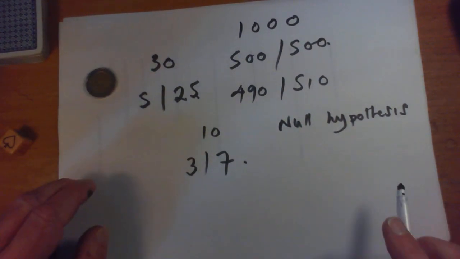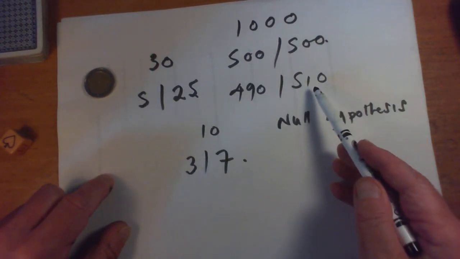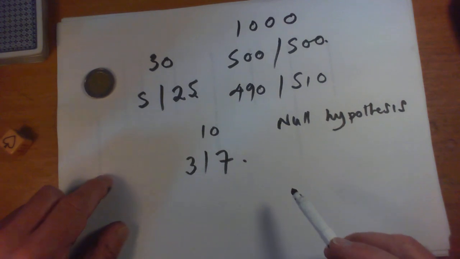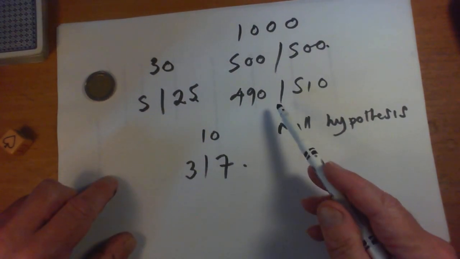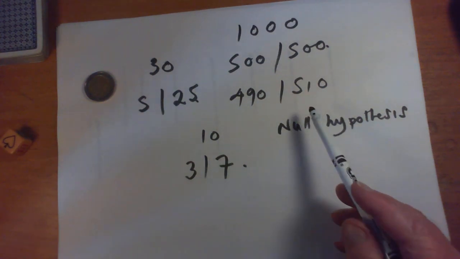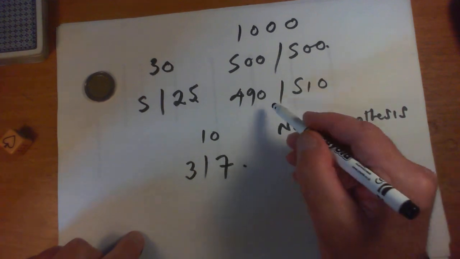You get this figure and say, okay, is that enough to reject the null hypothesis and go with the alternative hypothesis? And we decided probably it's best to just go with the null hypothesis. But it depends how far out you can go.